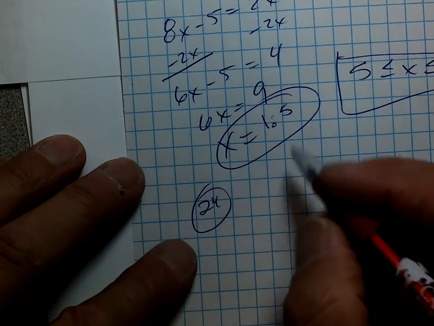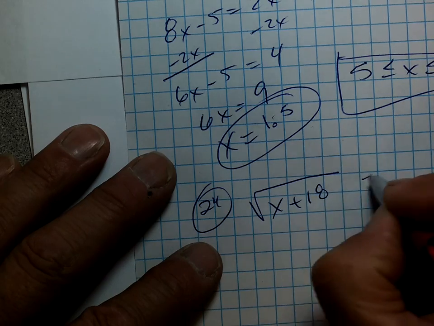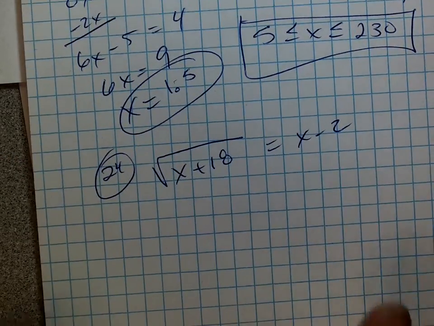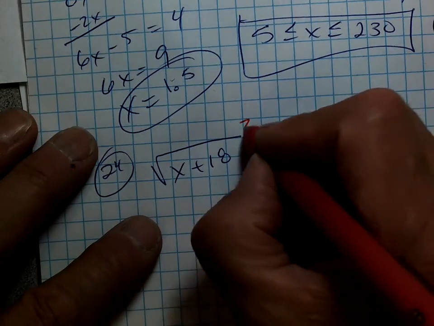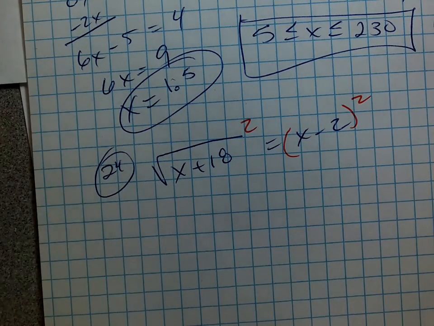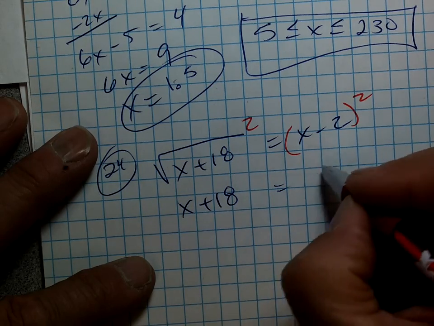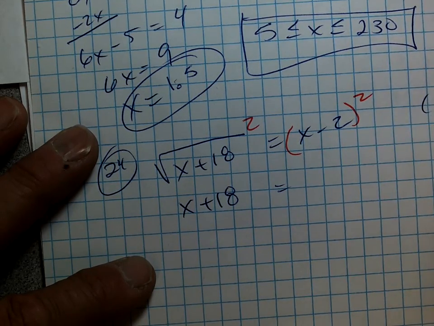All right, so I have square root of x plus 18 equals x minus 2. Okay, this one's going to take a little work, and we might have to do the f word. We might have to factor. Let's check it out. So square both sides, right? This becomes x plus 18 equals, well, what is x minus 2 times x minus 2?